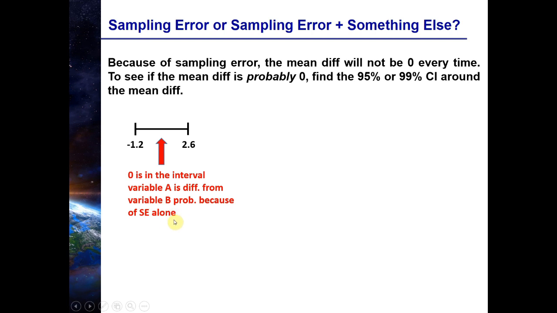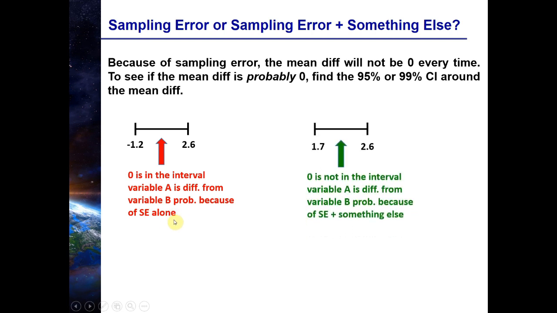Probably. However, what if you calculated the confidence interval around your mean, and it was 1.7 to 2.6? In this situation, 0 is not in here.